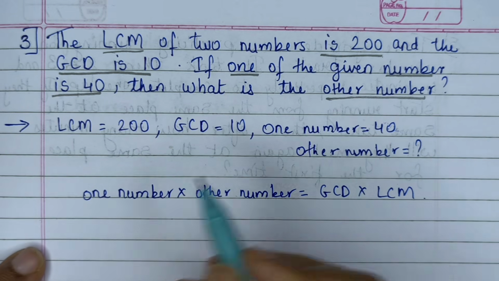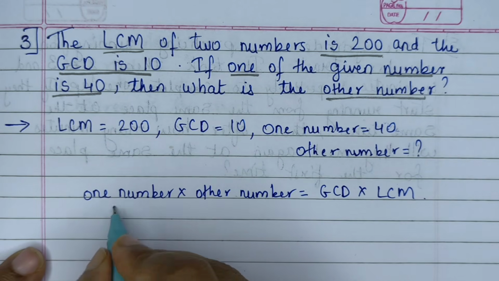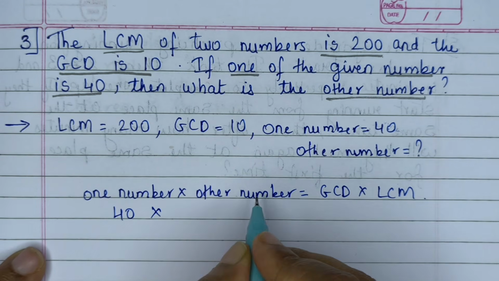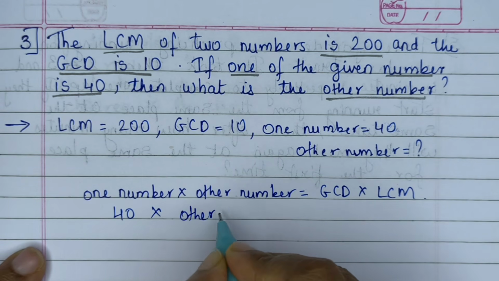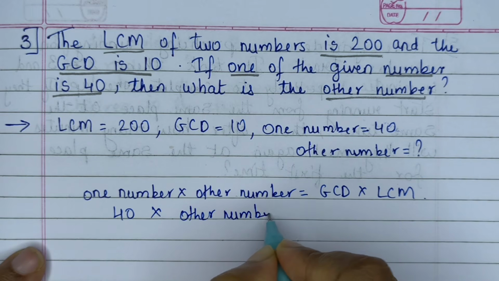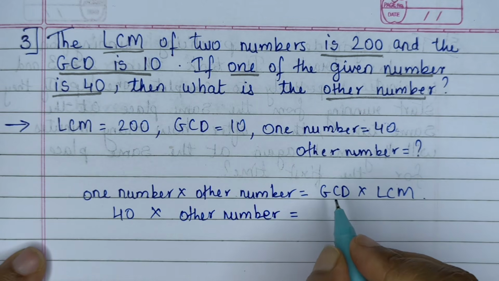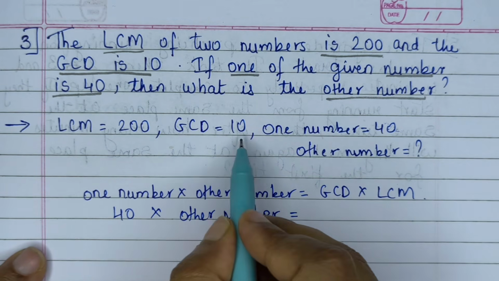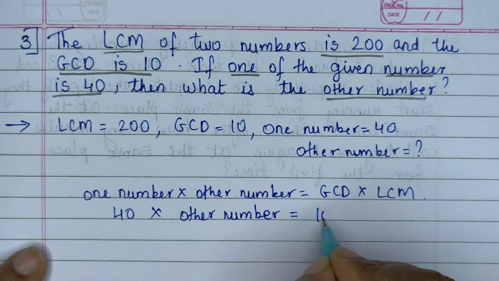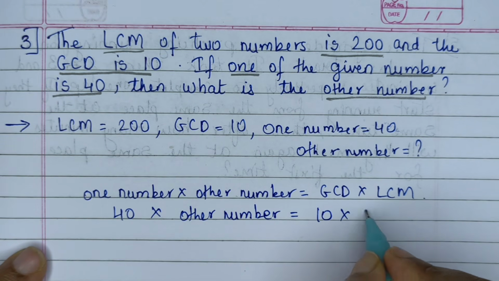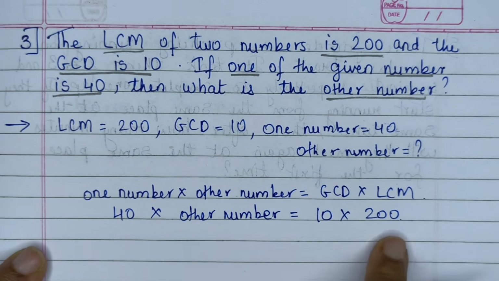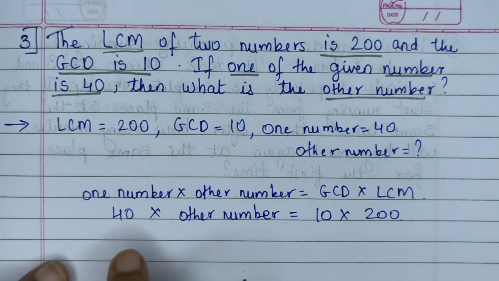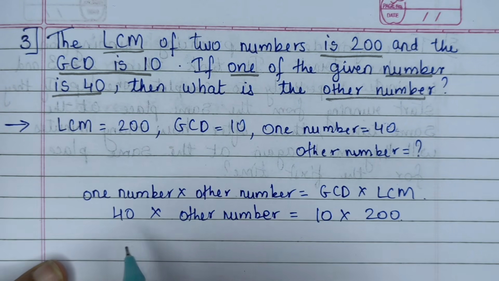Now what is given? One number is given, 40. The other number is not given, so we will write the other number as it is, equal to GCD, which is 10, and LCM, which is 200. Understood? Now first we write this as it is.